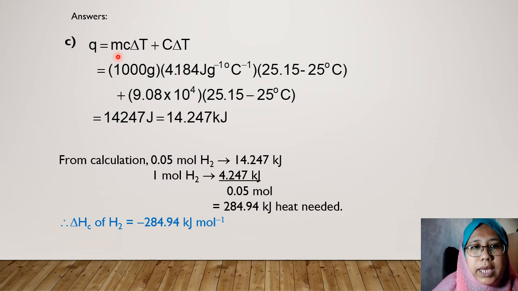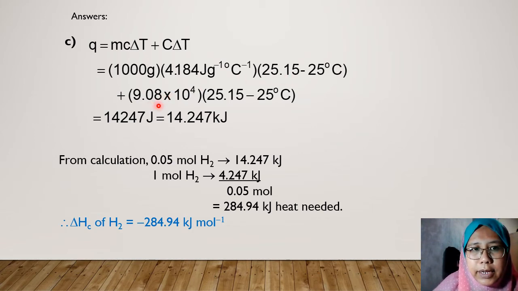So the M here is the mass for water in the calorimeter. The C is specific heat capacity of the water, and delta T is 0.15 degrees Celsius.